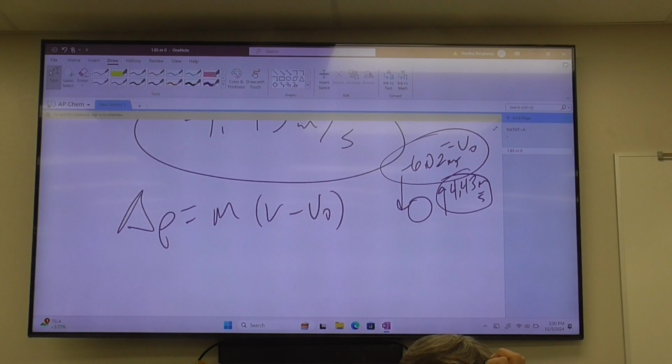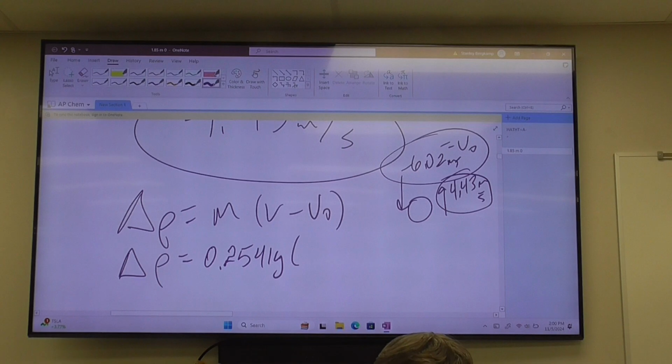So, at this point, we know the change in momentum is going to be the mass, which is going to be 0.254 kilograms. And then my V is going to be that 4.43 meters per second minus my V naught.